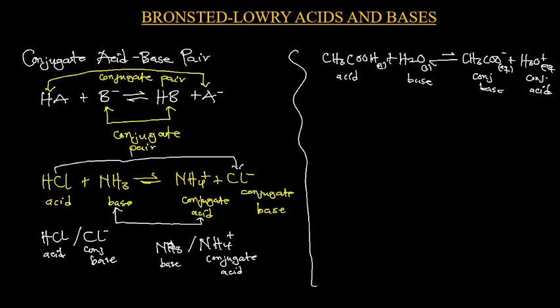That means we'll have more of these in the solution than the ethanoate and the H3O plus. So we'll say that the ethanoate is a stronger base compared to water.